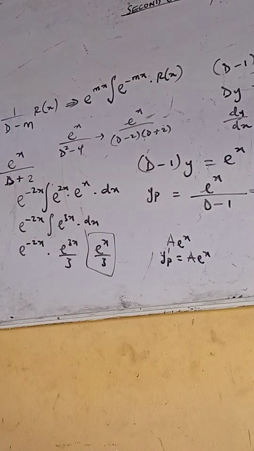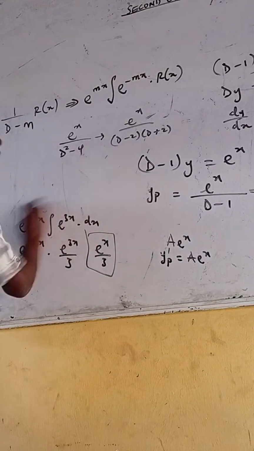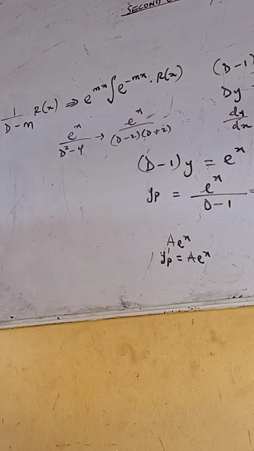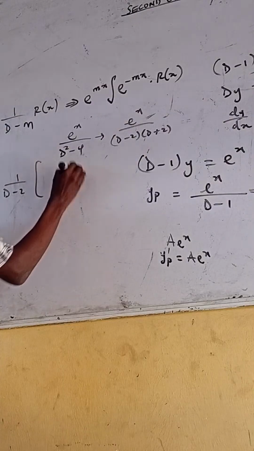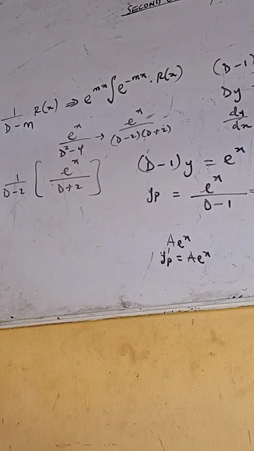Do you get what I'm saying? We can solve this directly by saying that we first do 1 over D minus 2, so we first do e raised to power x over D plus 2. So we now say 1 over D minus 2.